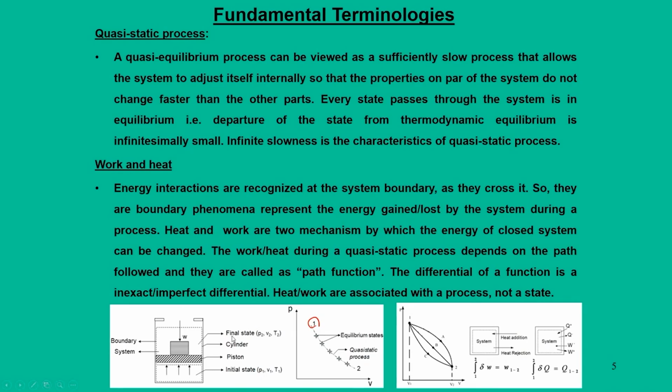When you start with initial state 1 and take one of the weights, it goes to another point. When you take another weight, it goes to another point, and likewise the change happens, and through this process the final state becomes 2. That means, when you take the last mass, then it becomes 2.